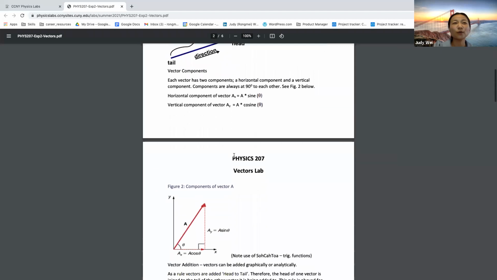If we want to introduce the mathematics of vectors, such as multiplying, adding and subtracting, then when we try to add two vectors together, we have to really look into the vector, because a vector can be divided into x-axis and y-axis components.